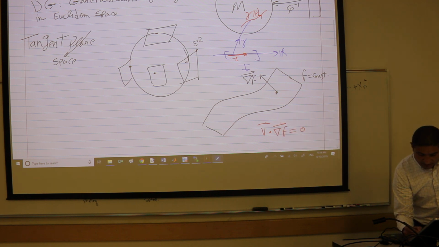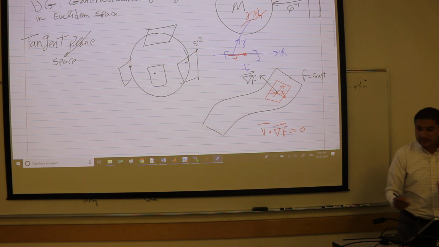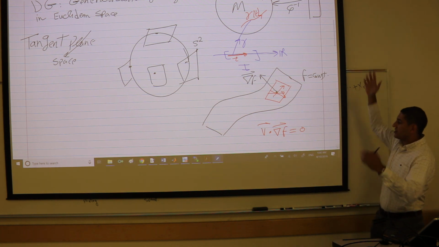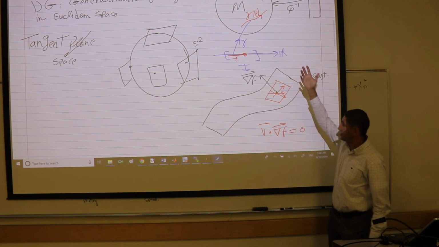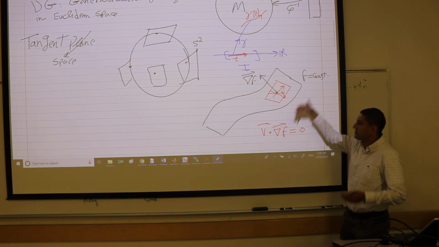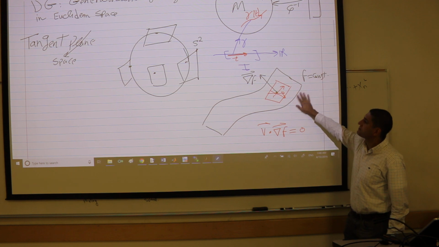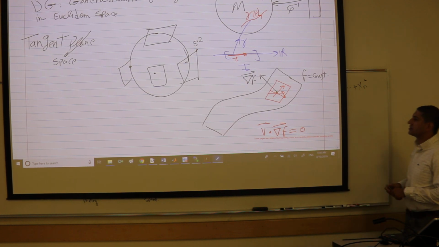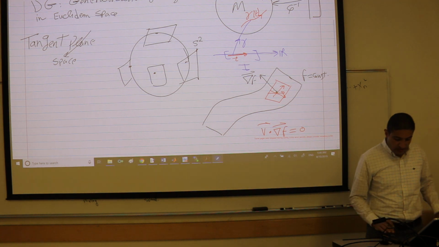So all these vectors form the tangent space, right? And this is easy to do if I live in a higher dimension Euclidean space. Note that this nabla F really lives in the higher dimension space, it's not on the manifold. And the dot product is defined because I'm living in a higher dimension space. So for any surface living in a higher dimension Euclidean space, I can easily define the tangent plane.